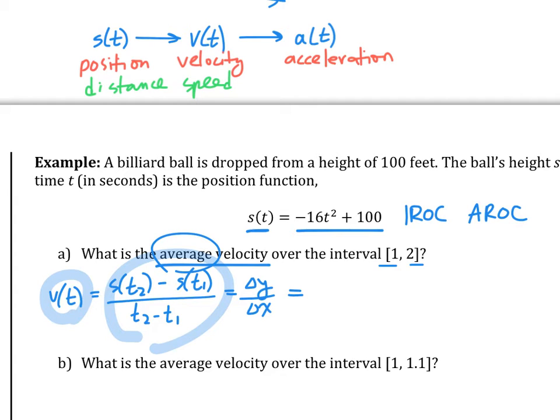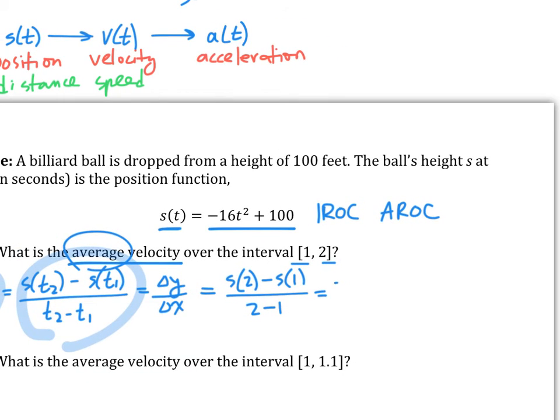So if you were to plug it in, you would say s of 2 minus s of 1 over 2 minus 1. All right, s of 2, just plug it into the function, minus s of 1, all over 2 minus 1.